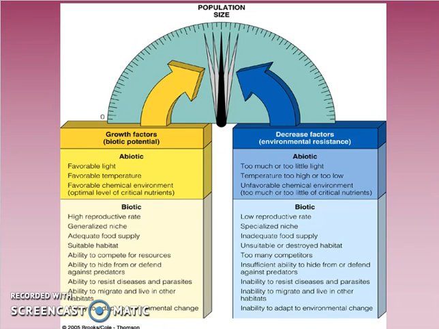So on your growth side, things that would make your population grow are favorable light, favorable temperature, favorable chemical environment, nutrients, that kind of thing, pH, whatever it is. High reproductive rate, generalized niche, adequate food supply, sustainable habitat, etc., etc. You can read through these. Those are things that are going to make your population reproduce quickly.